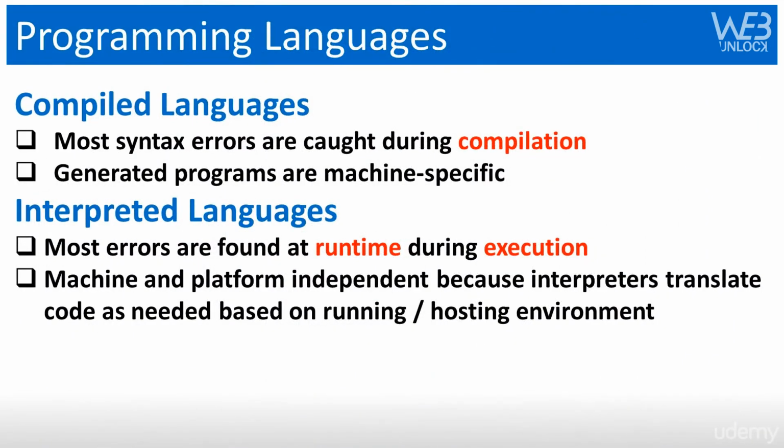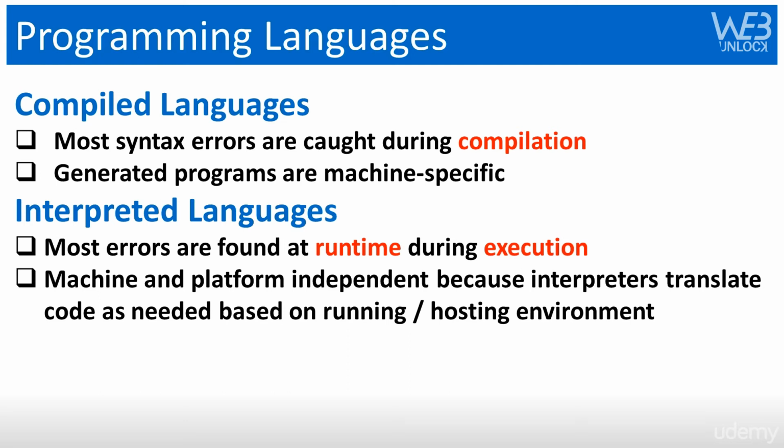The last thing we want to touch base on is the difference between compiled languages and interpreted languages. Compiled languages, the name comes from the fact that when you write the code, you need to go through a process called compilation of the code. You need to compile your code. During the compilation process, before you run the app or the program, the compiler will try to find any syntax errors, any problems with your code, and it will not actually compile successfully until you fix all the syntax errors and all the code mistakes.